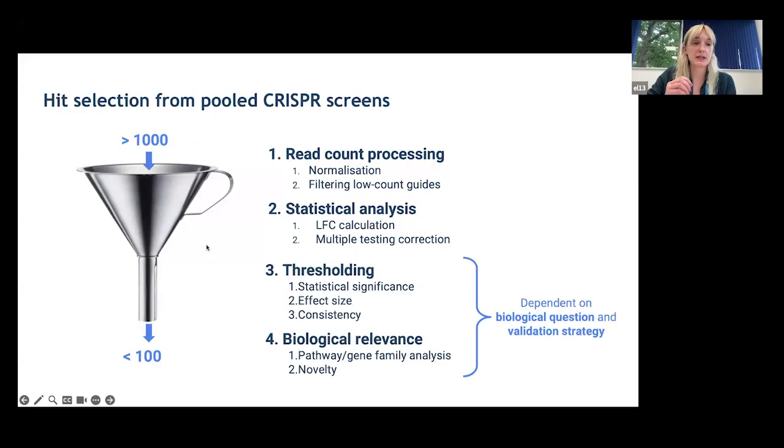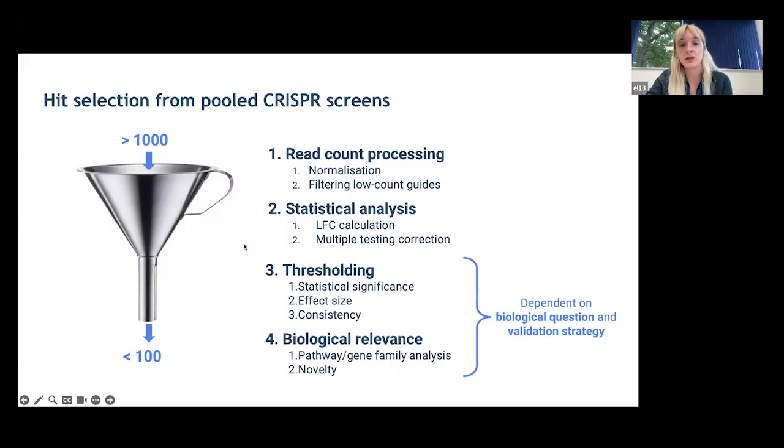The next two steps in reducing your hit list down to something feasible for arrayed screening is firstly thresholding, where you'll often need to apply multiple thresholds for effect size that you see in your pooled screen, some threshold on significance, and there can be another threshold on consistency or reproducibility if you've screened multiple models or performed multiple replicates. And then the second step is considering the biological context.